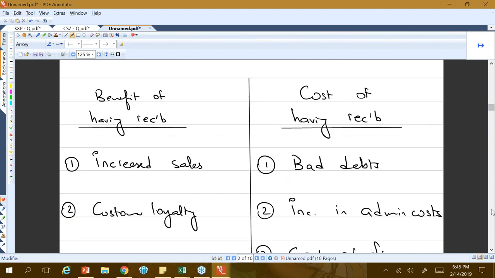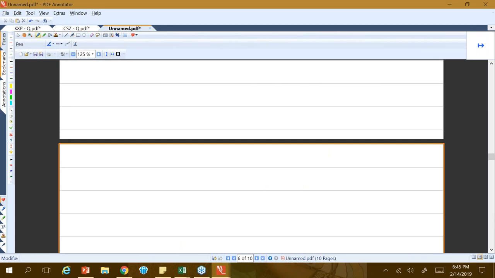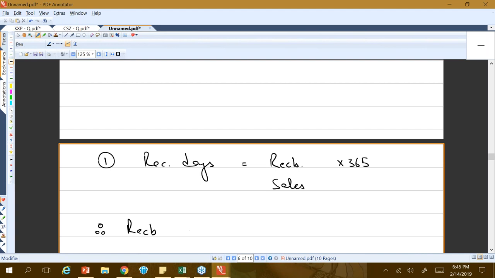So the first thing is to find the receivable days. We know it's the receivables balance over the sales into the 365. And to find the receivables balance, we say sales into receivable days over 365.